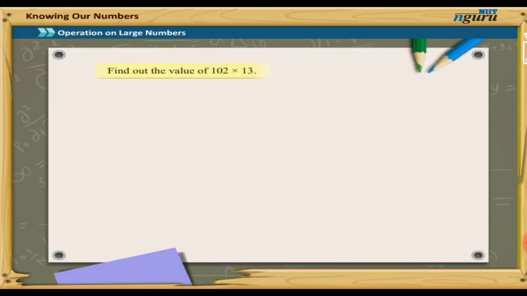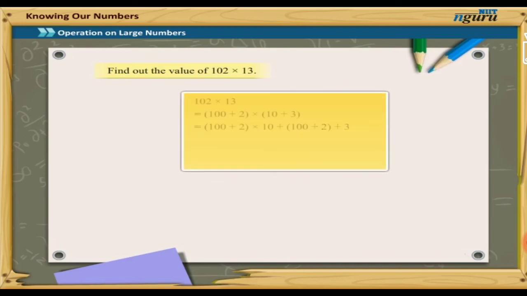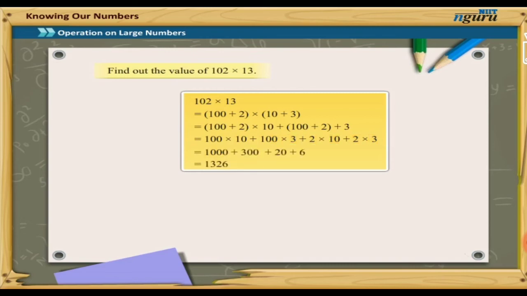Let us see how expanding brackets helps us in simplifying calculation. Here, we can break up 102 and 13 as shown. Then, we can expand the brackets one by one. On simplifying, we get 1326.